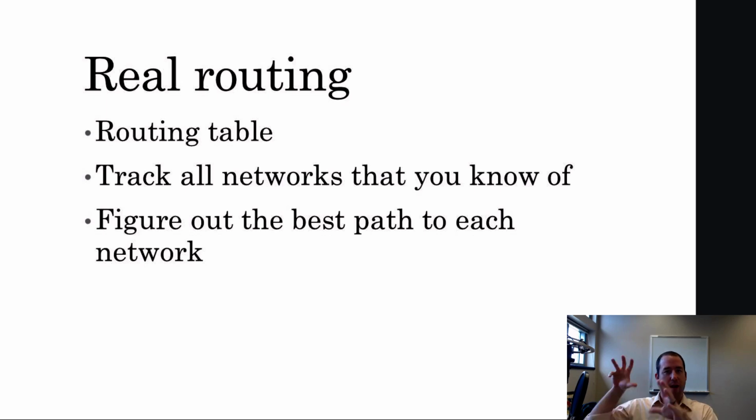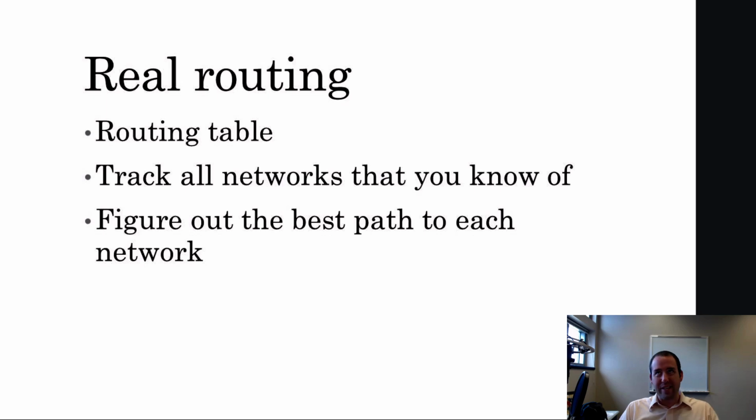I'm talking about the routers that Cox has inside their network that they're working with. Those are going to keep track of a whole bunch of networks, all the networks that they know of. And it's going to figure out the best way to get to each network.